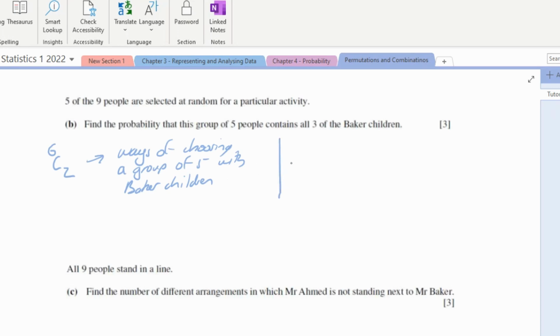Now, what are the total ways that we can choose the 5? Yes, someone's got it? 9 choose 5. Should have seen Pazia's look at you just a minute ago. She was. Okay, now if we're turning it into probability, Thomas, what could we do?